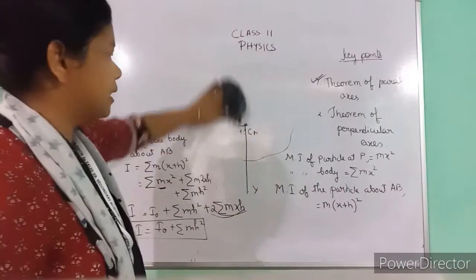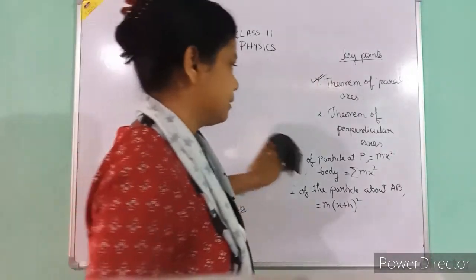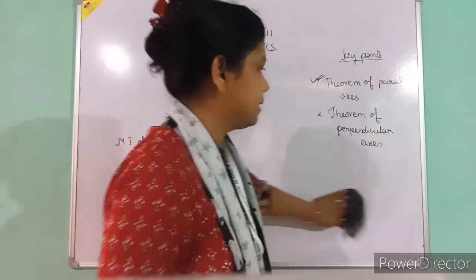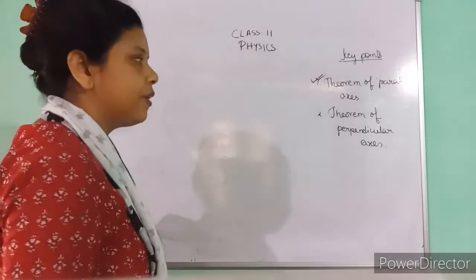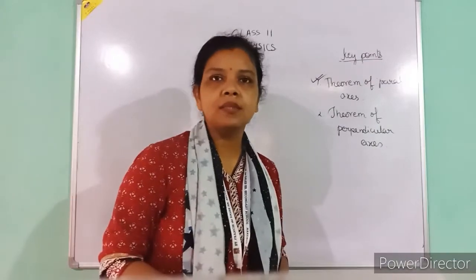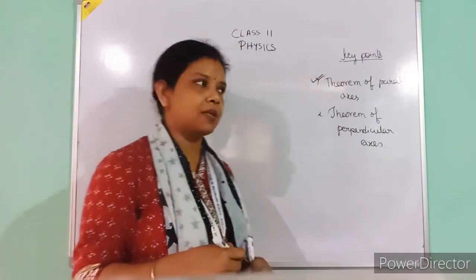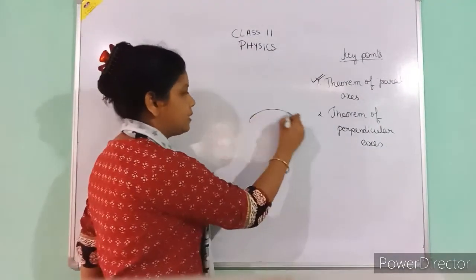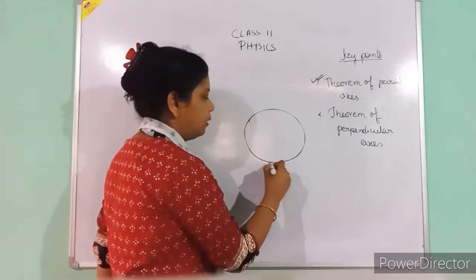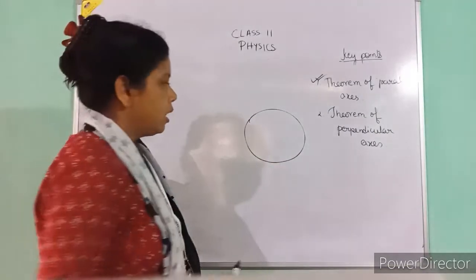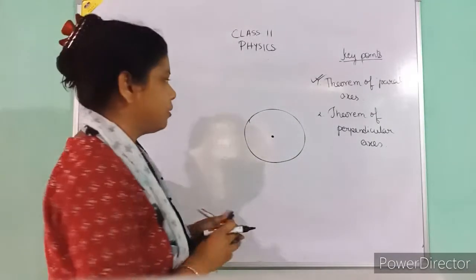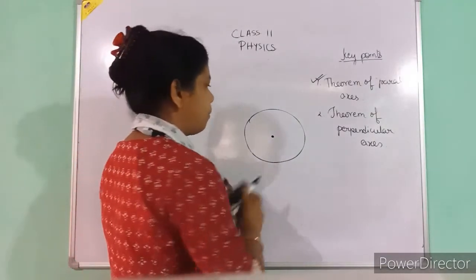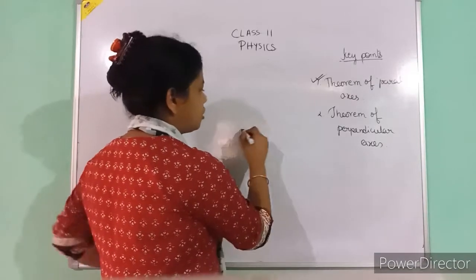We will use this in next classes. Let me give an example so it will become clear to you. If it is a regular body, where is the center of mass? The center of the body is the center of mass. Now if it is a spherical shell or a disk, let me draw it in 3 dimensions.